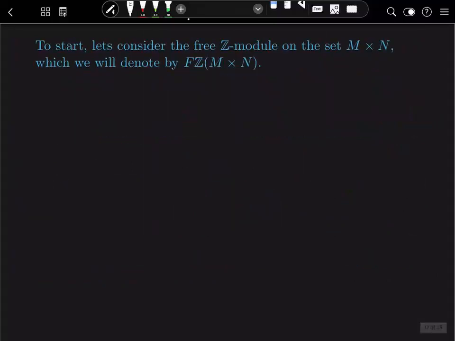Now, the most natural place to start is looking at the free Z module on the set M cross N, and we'll denote this by F_Z of M cross N. Now, the free Z module is just the free abelian group.